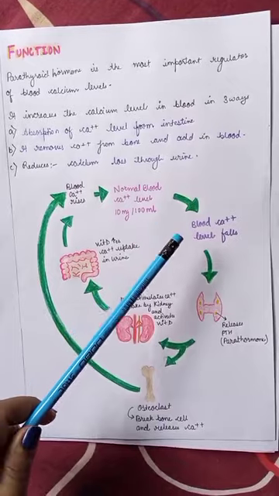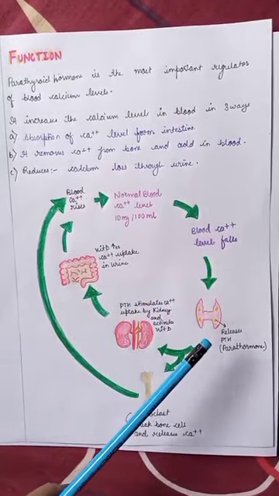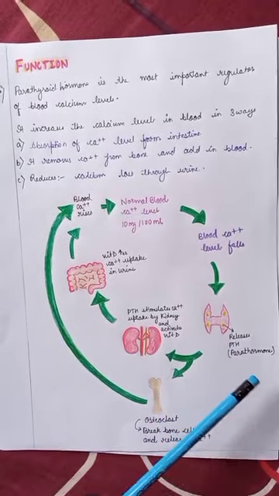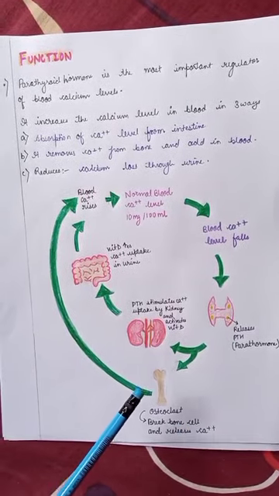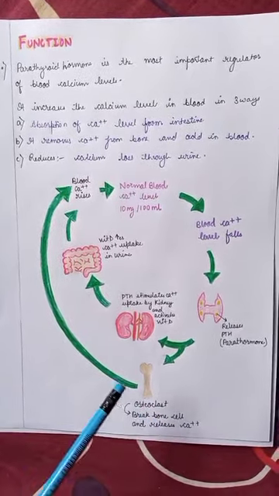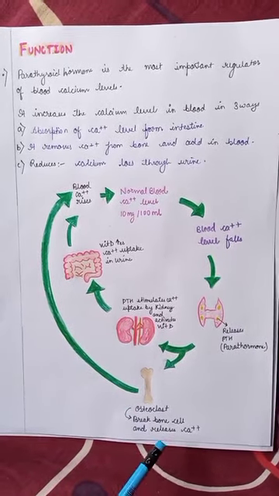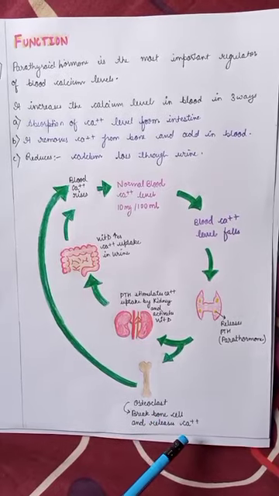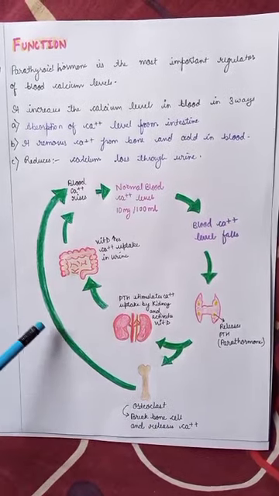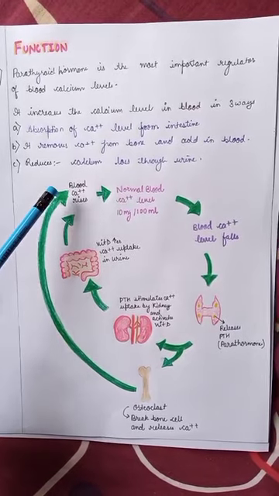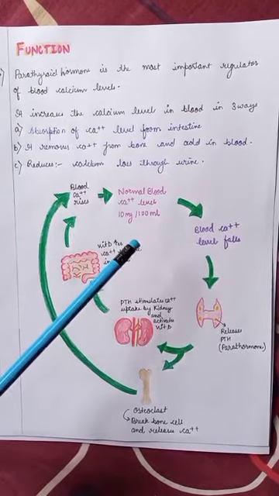So if blood calcium level falls, then parathyroid gland releases parathyroid hormone, and then osteoclast cells, which are bone cells, break down and release calcium 2 plus, which goes through the blood and increases the blood calcium level in our body.